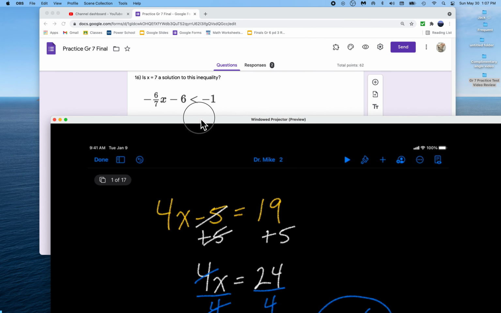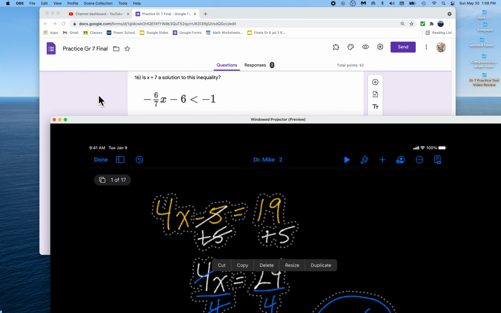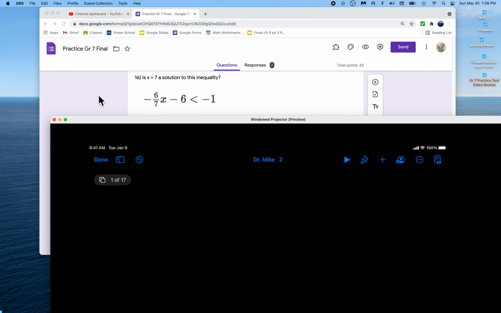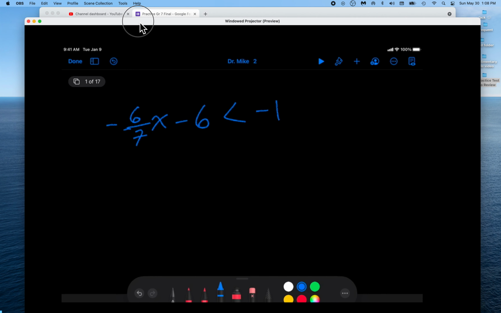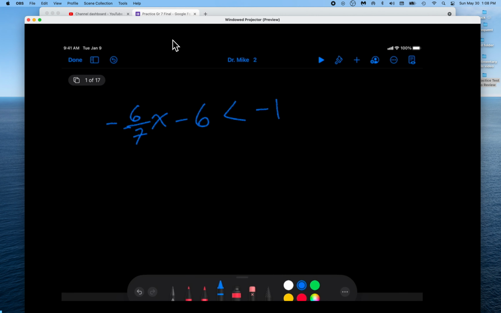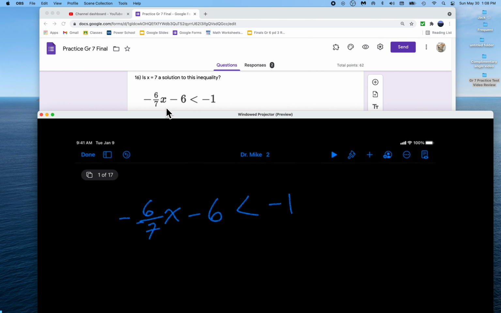Okay. Is x equals 7 a solution to this inequality? Let me write it down. Okay. Remember what I told you folks about that x being in the middle? See it right there?